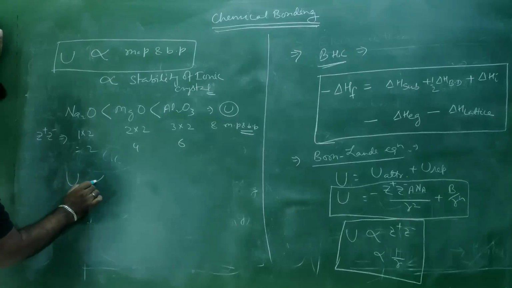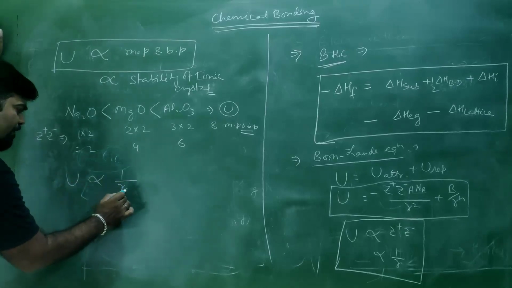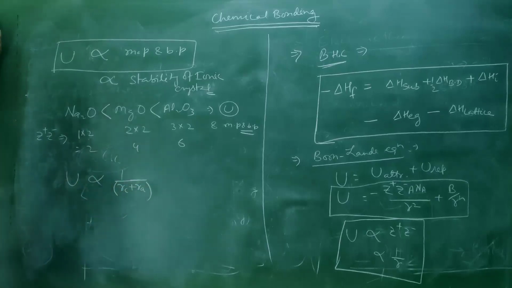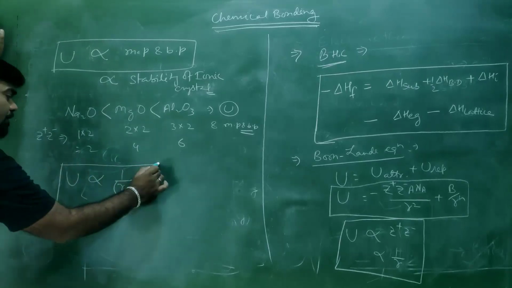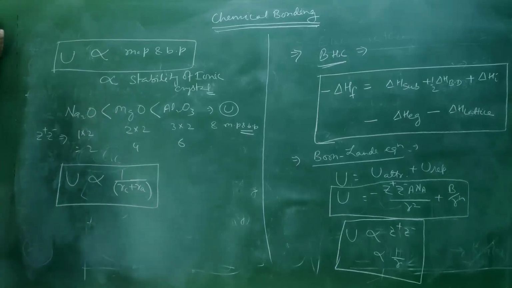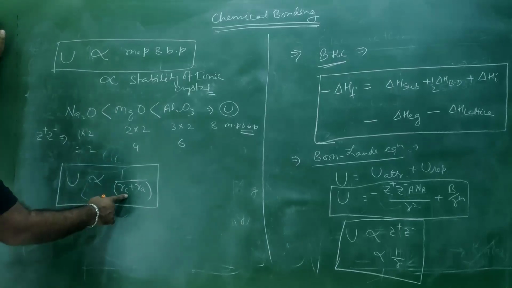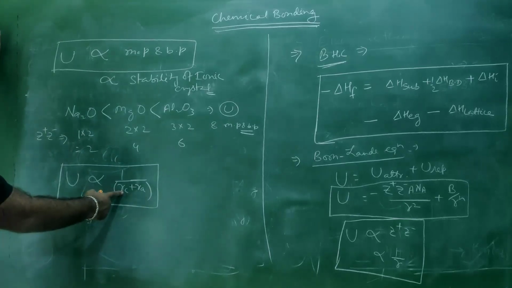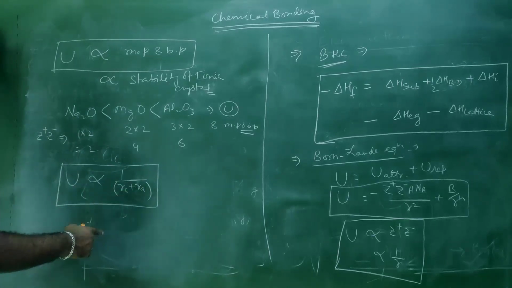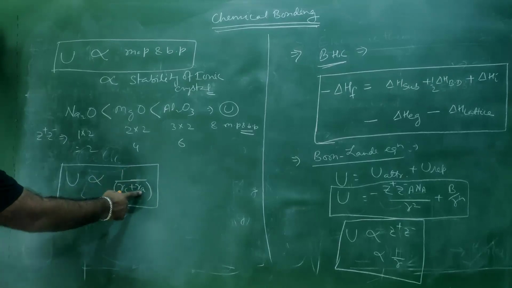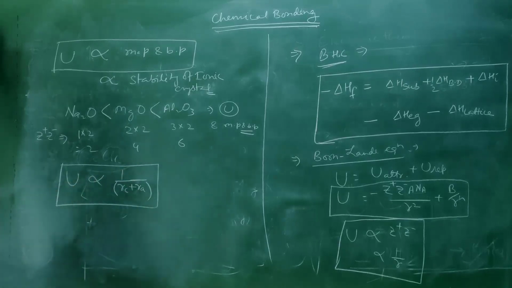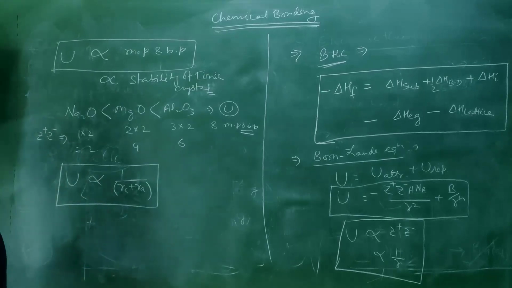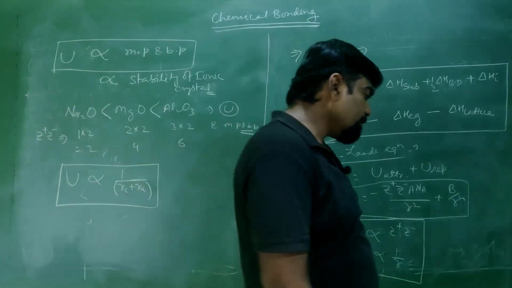Similarly, lattice enthalpy varies as the radius of cation plus the radius of anion, which is their ionic distance. Suppose the cation is the same for all and the anion is different, then the greater the radius of the anion, the lower will be the value of their lattice enthalpy. Like this, we can show the variation of their lattice enthalpy.